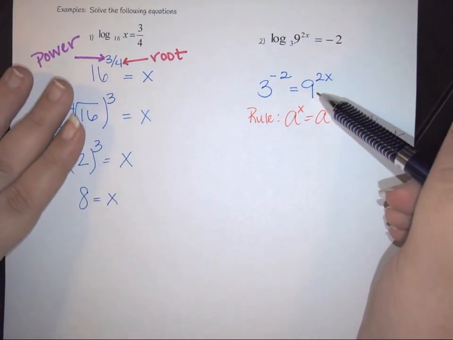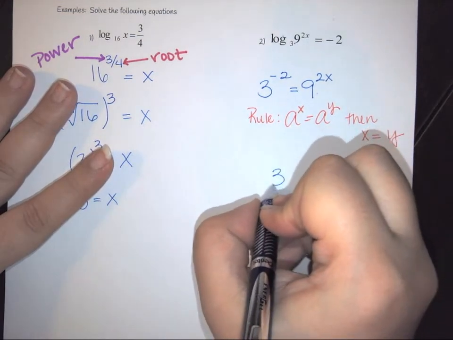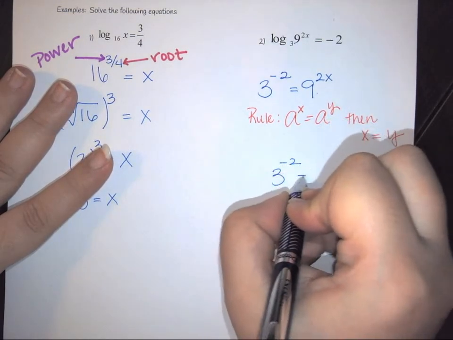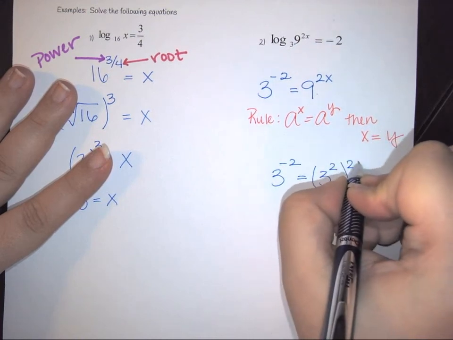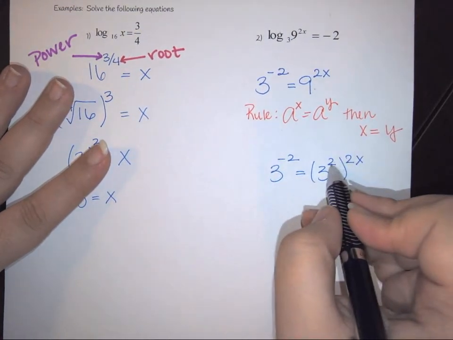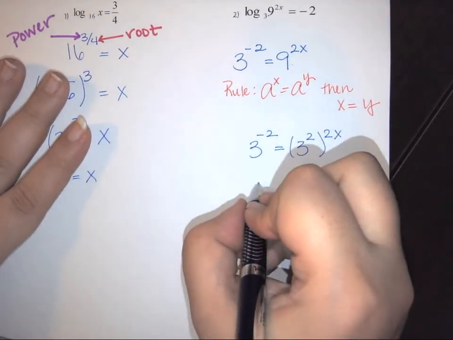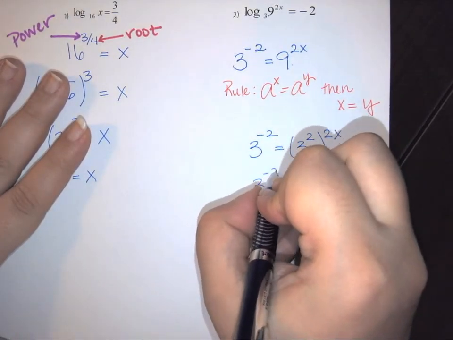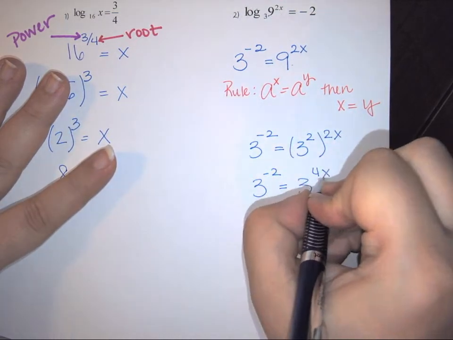So can I change a 9 into a 3? Well, the answer is yes. So this becomes 3 to the negative 2 is equal to 3 squared raised to the 2x. Here my power rule says multiply. So this becomes 3 to the negative 2 is equal to 3 to the 4x.